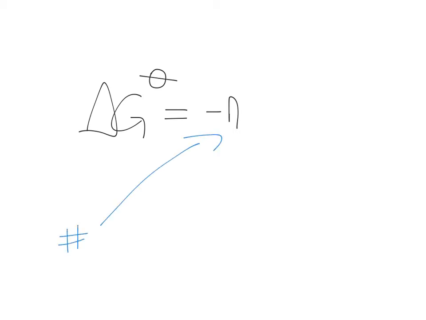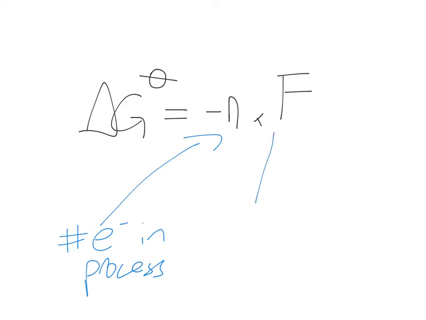So the equation you need is delta G, the Gibbs free energy, under standard conditions, for an electrochemical cell, is equal to minus N, the number of electrons in the process, multiplied by F. This is the Faraday constant.